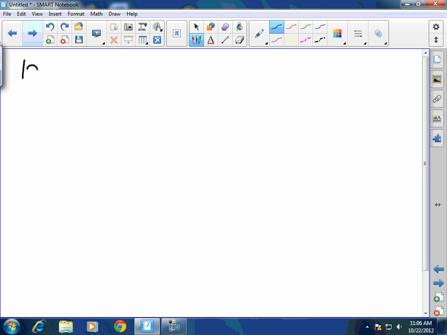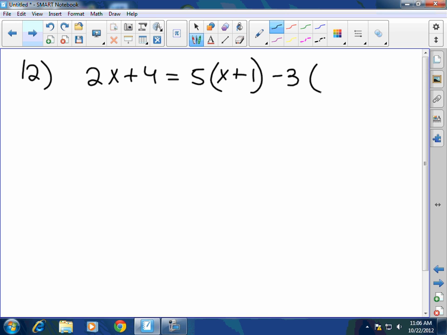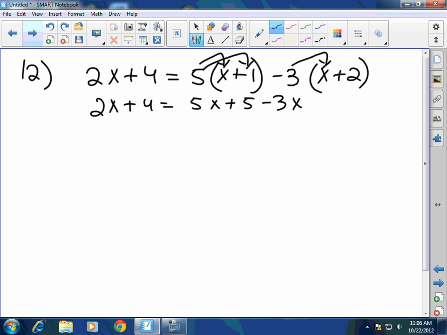Last but not least, number 12. 2x plus 4 equals 5 times x plus 1 minus 3 times x plus 2. So I've got 2x plus 4 equals 5x plus 5 minus 3x minus 6. 2x plus 4 equals 5x and negative 3x is 2x.